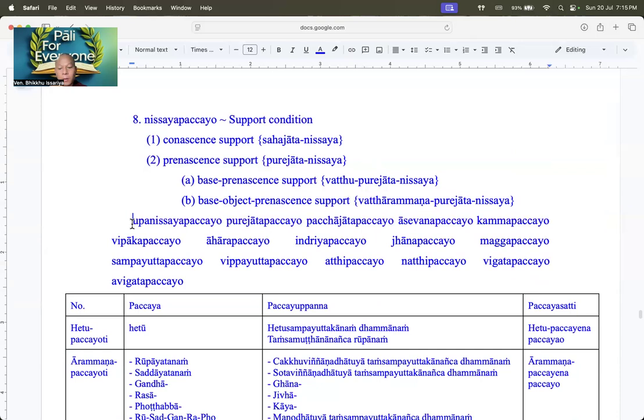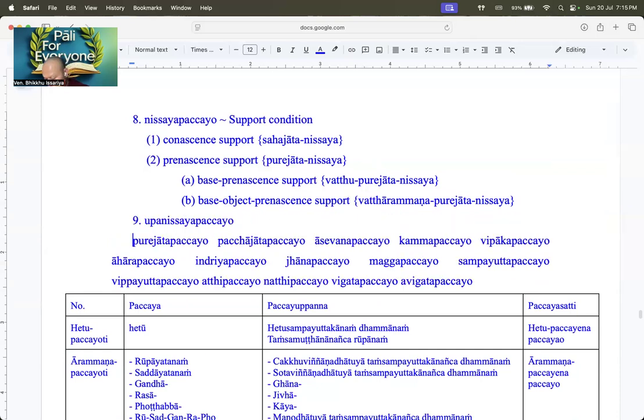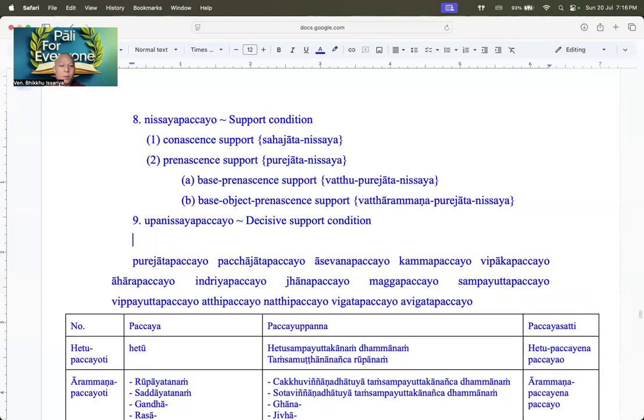So after that, Upanissaya. Upanissaya is also a support condition. Strong support or decisive support.